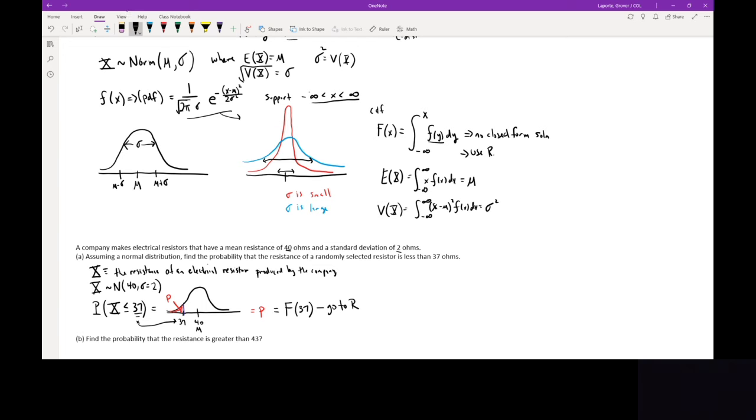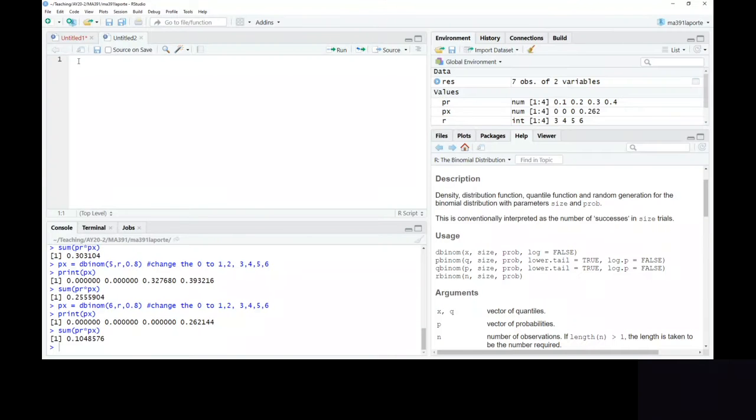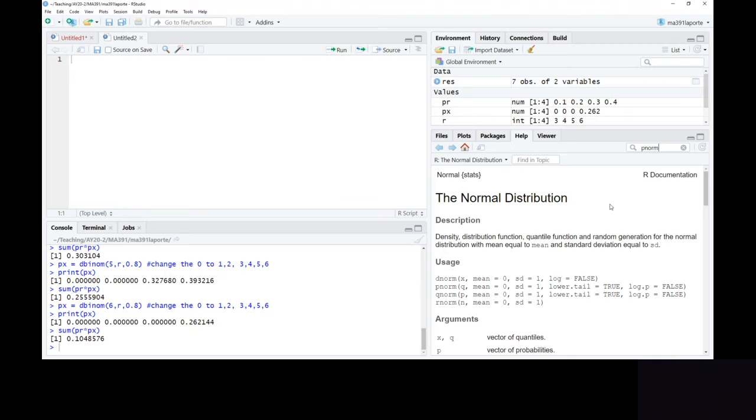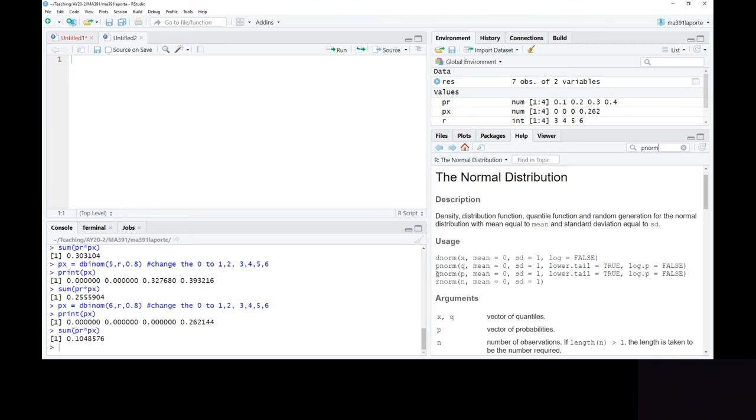All right, so let's go ahead and do that. I can stop sharing and start sharing R. If you come down here and type in pnorm, you've got dnorm, pnorm, qnorm, and rnorm. dnorm is the density function, and you don't necessarily need that one unless you're going to integrate it.